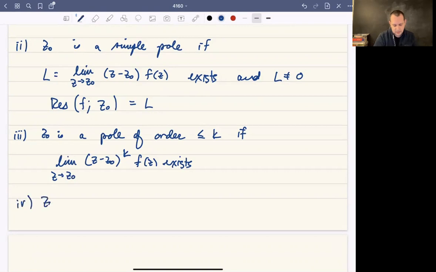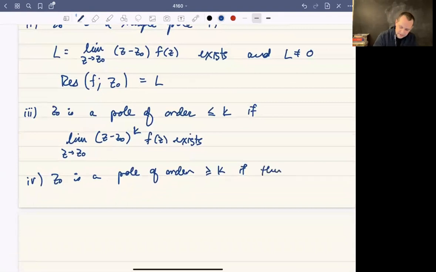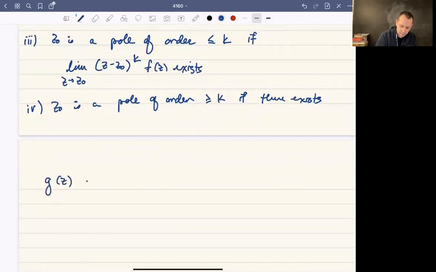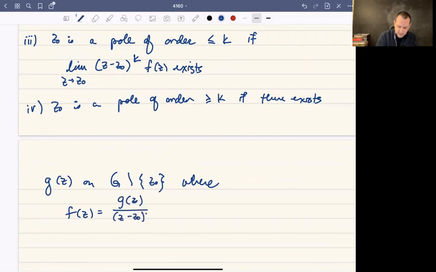On the flip side, z naught is a pole of order at least k if there exists a function g on the region G except at z naught, where f of z is equal to g of z over z minus z naught to the k, for all z in G except possibly z naught.